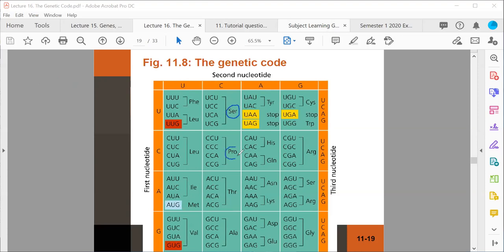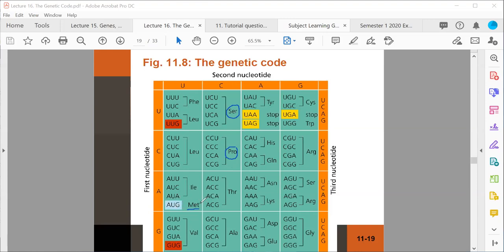Let's look at another example. Here's proline, this amino acid is also encoded by 4 different codons. Then we get something like methionine, which is only encoded by this one codon, AUG. Methionine tends to be the start codon of most genes.